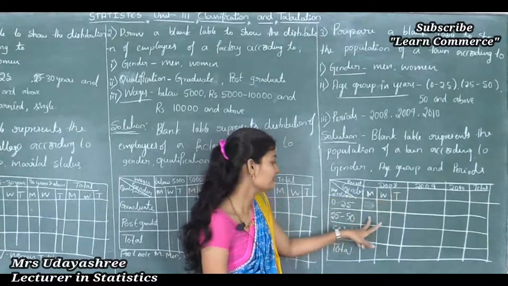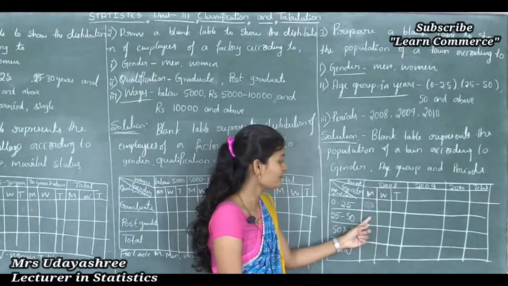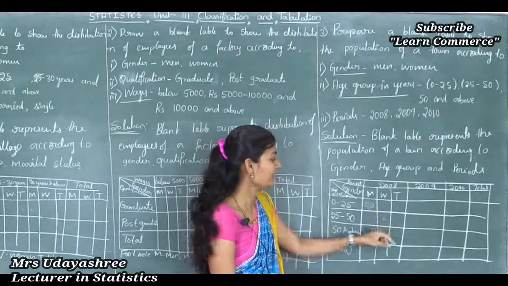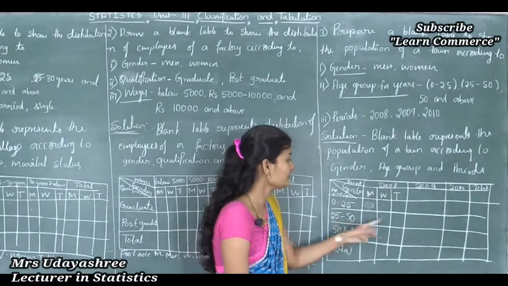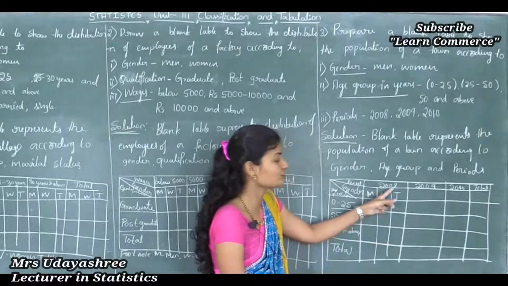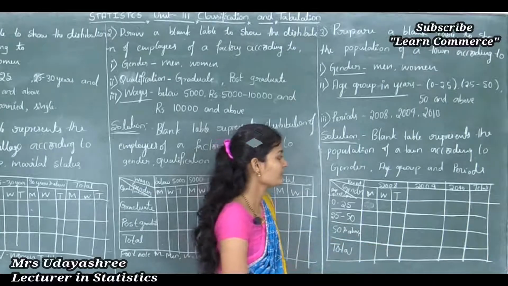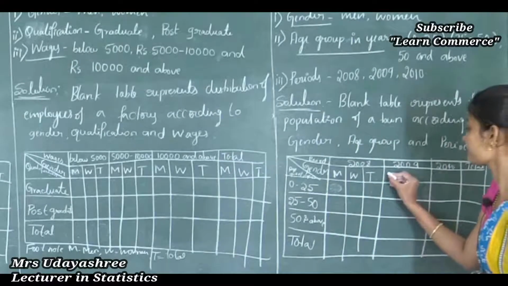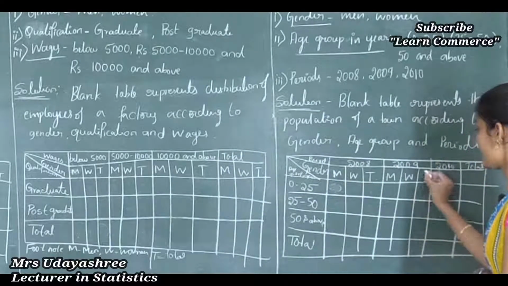Like that, this column indicates the age group between 25 to 50, the men population in 2008. Like that, this column indicates the age group between 25 to 50, the women population in 2008, like that total. So like that here also. Okay, next in 2009 the genders are like this: men, women and total.